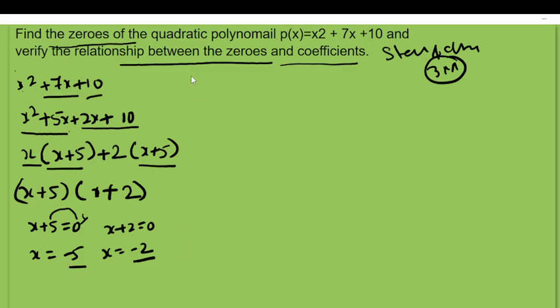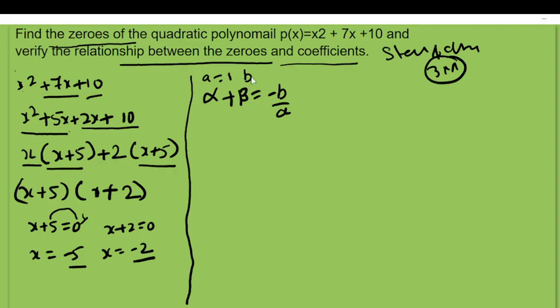Now move to verifying the relationship between the zeros and the coefficients. The first relation, sum of the zeros: alpha plus beta is equal to minus b by a. In this case a is equal to 1, b is equal to 7 and c is equal to 10.